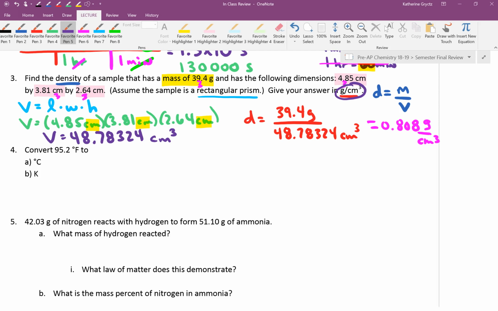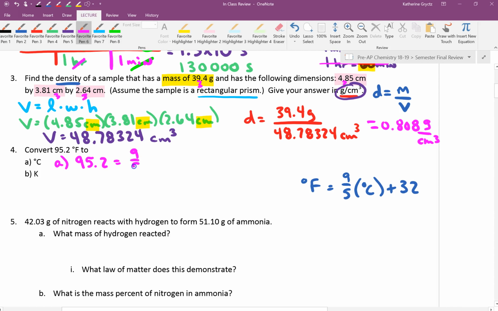Okay, and then temperature conversion. So you are given the Celsius to Kelvin temperature conversions. This one you're asked to convert 95.2 Fahrenheit to both Celsius and Kelvin. So you also need this conversion. Okay, or you can have that written a different way, solved for degrees Celsius instead. So if we were doing part A and converting to Celsius, we would plug in and solve for the degrees Celsius.